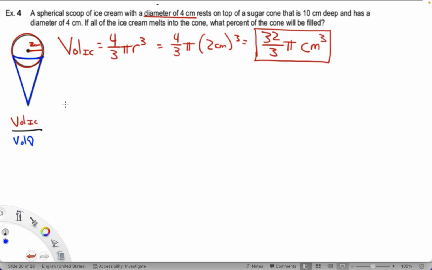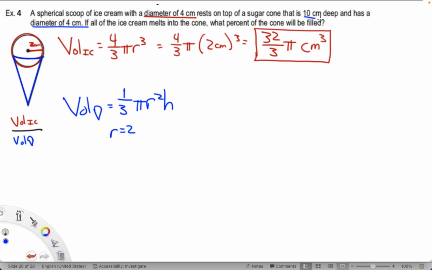To get the volume of the cone, the volume of the cone is, of course, equal to 1/3 pi r squared h. The radius is, again, if the diameter is 4, the radius is 2.